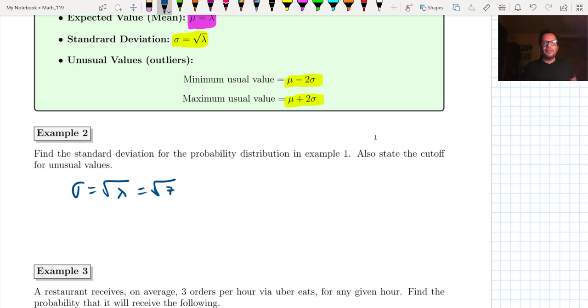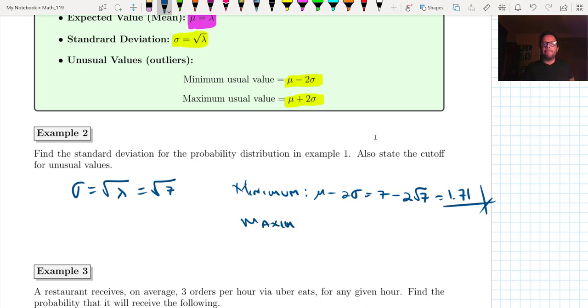The minimum cutoff will be mu minus 2 sigma, which is 7 minus 2 root 7, and if we simplify to decimals, we get 1.71. The maximum is mu plus 2 sigma, equals 7 plus 2 root 7, which simplifies to 12.29.